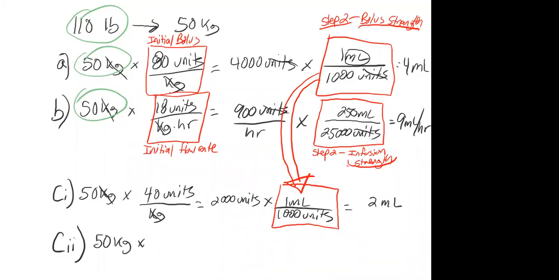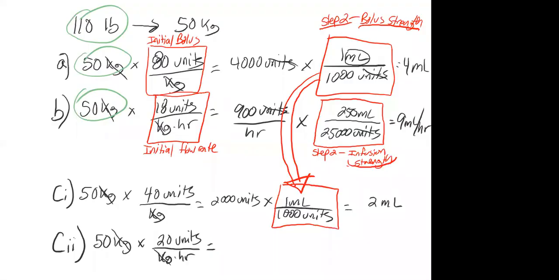I'm going to multiply now, instead of by 18 units per kilogram per hour, now it's going to be 20 units per kilogram per hour. The reason I bring that up is because that's a common misconception of where that 20 units comes from.